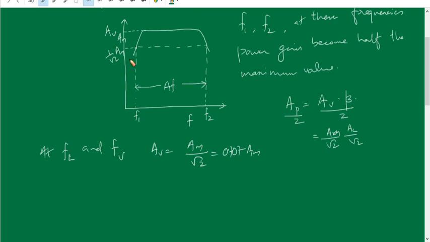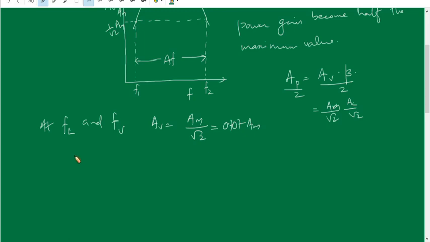Why does the voltage gain reduce at lower frequencies and high frequencies? What are the reasons? Okay, so we have two different reasons for these two. First one, at lower frequencies, what happens?